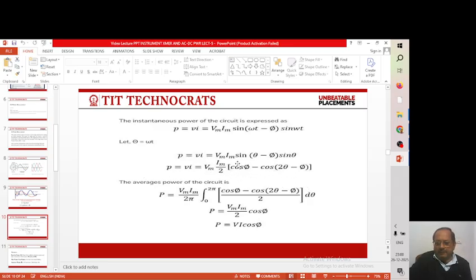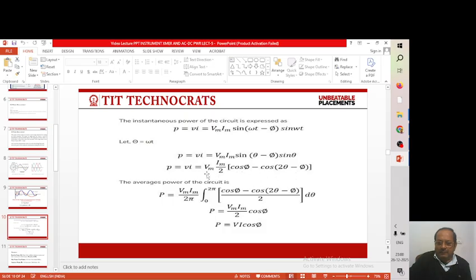So Vm Im sin (theta minus phi) into sin theta is converted into this form: Vm Im upon 2 into (cos phi minus cos (2 theta minus phi)).